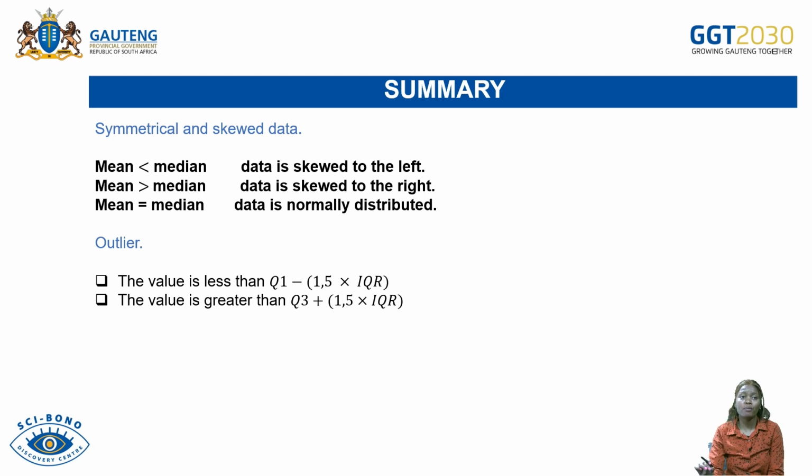And if your mean is equal to the median, then your data is normally distributed. And in terms of the outliers, how do you find them? You must check if you have any value that is less than the lower quartile minus 1,5 times the interquartile range, and also if you have a value that is greater than the upper quartile plus 1,5 times the interquartile range.